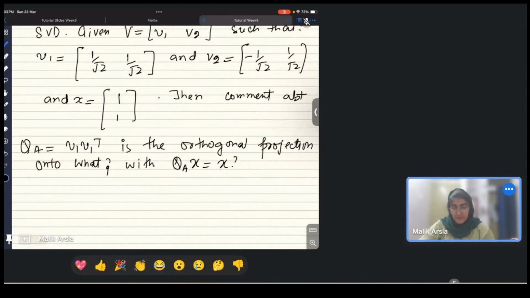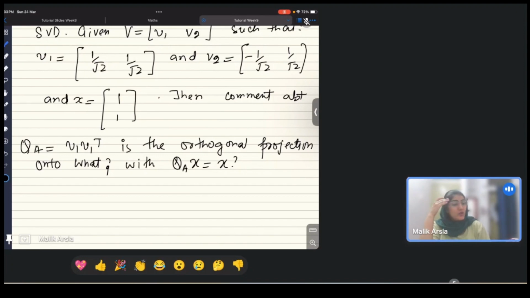So you have read this in the properties already, right?